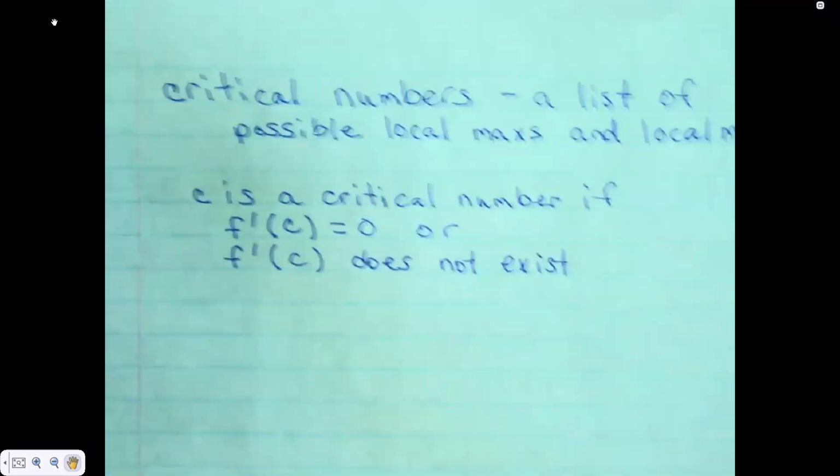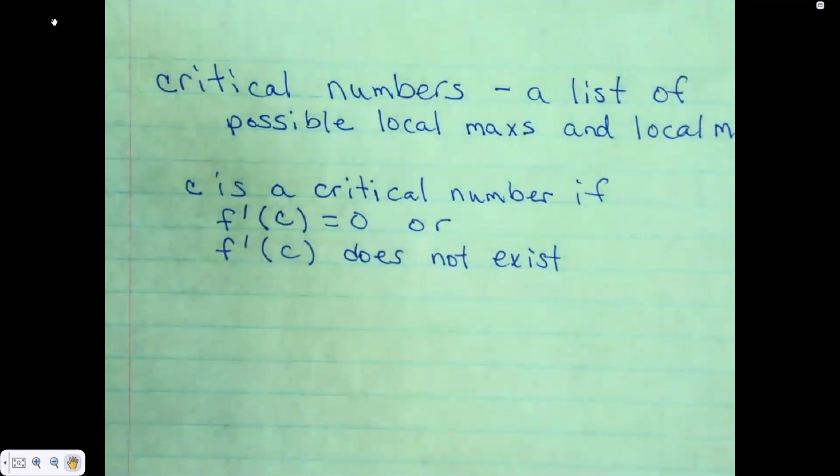So that's our main focus. Okay, first of all, if you didn't watch yesterday's video, shame on you. But let's go over what a critical number is, because that's what we're going to be doing today. It's a list of possible maxes and mins.